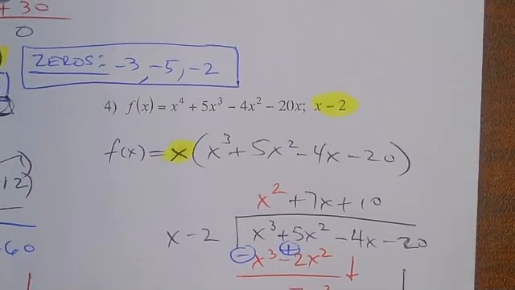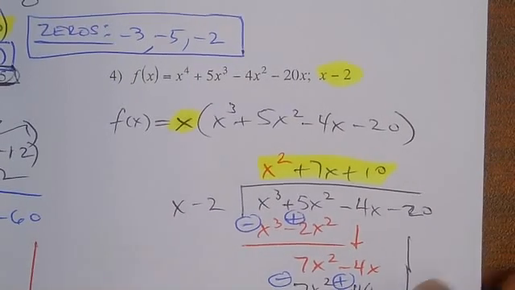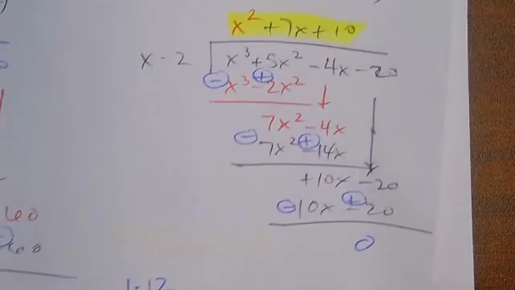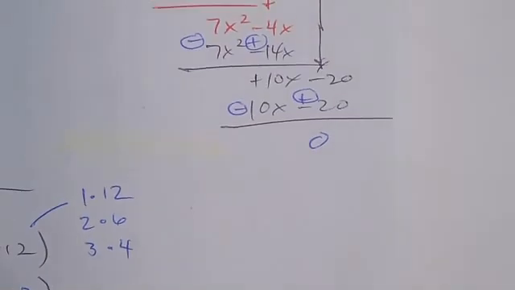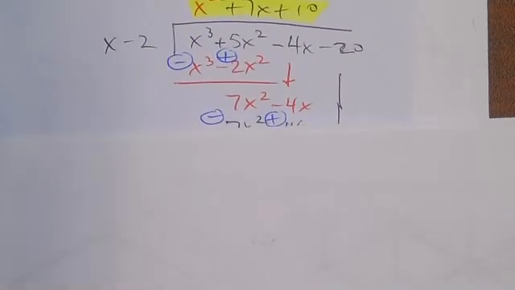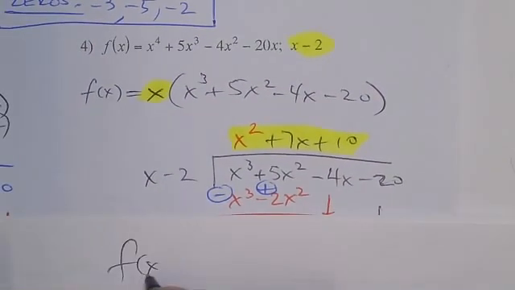What's happening? Well, I know this is to the power of 4. I'm supposed to have 4 factors. One of them is this x. The other one is the x minus 2. And when I divide, I just got this one. Everybody agree? So right now I'm looking at writing the x times the x minus 2 times this.